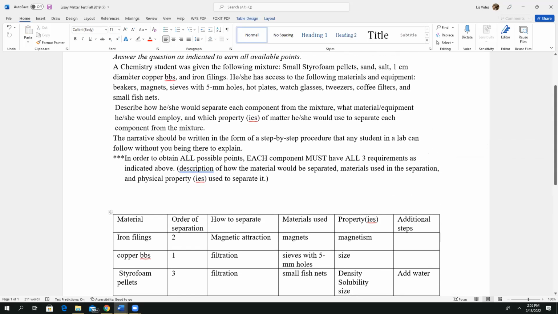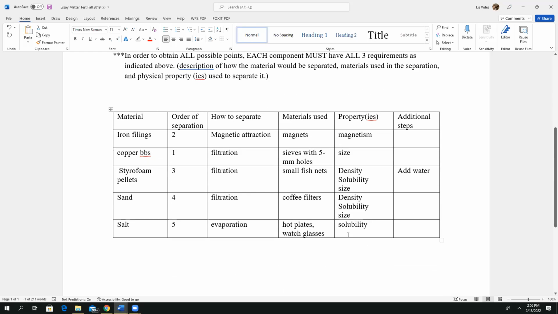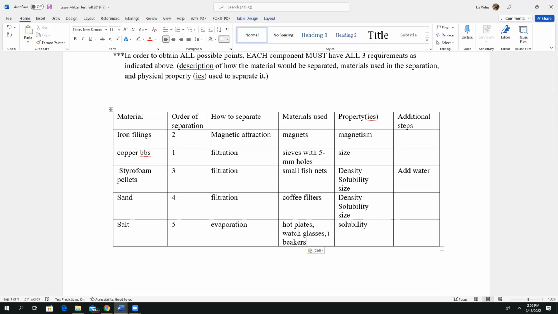There it is. We actually need that one. Yeah, okay. I'm trying to read to see if there's anything else. No, that's it. Okay, so we're going to use the beakers also. Just one. All right. So solubility, yes, but also boiling point, right?